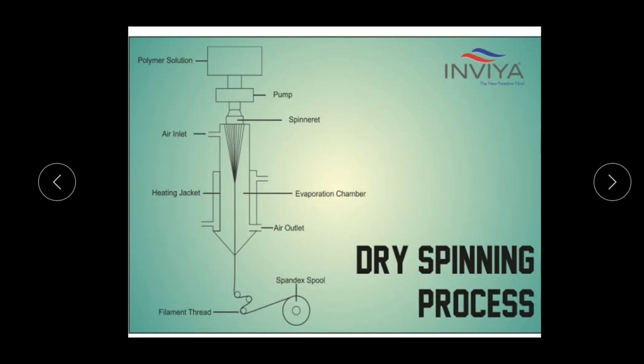This is the way we produce polymer fiber materials such as polythene fibers, epoxy fibers and polyester fibers, by using this dry spinning process. Hope you understand how it works.